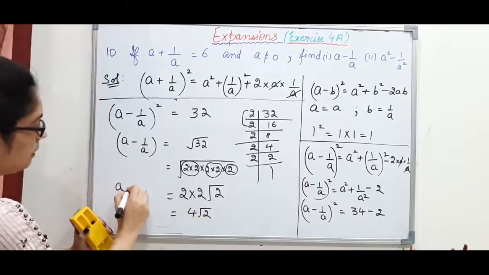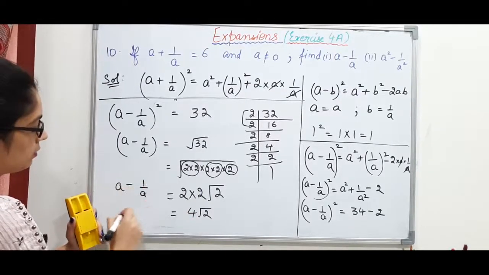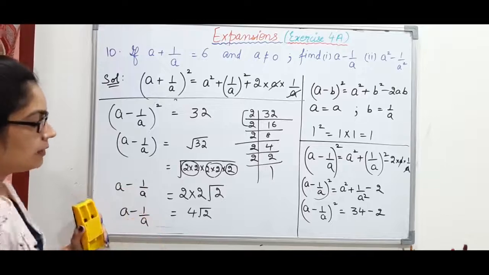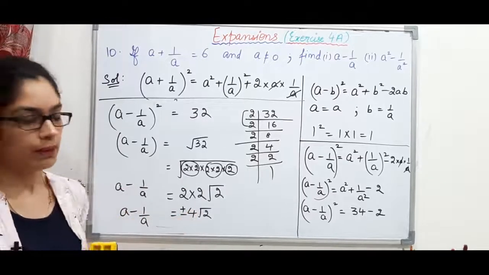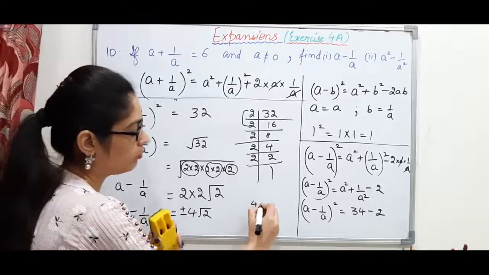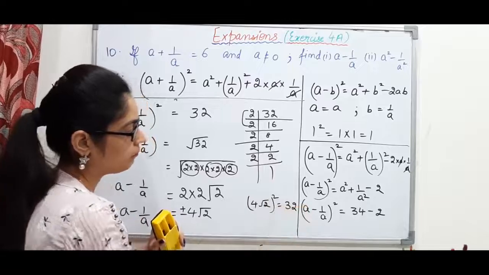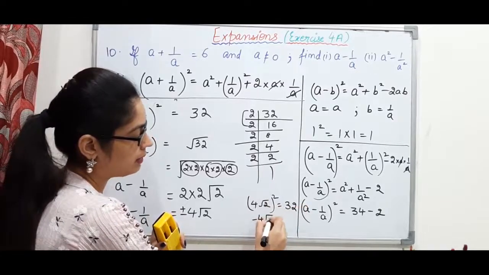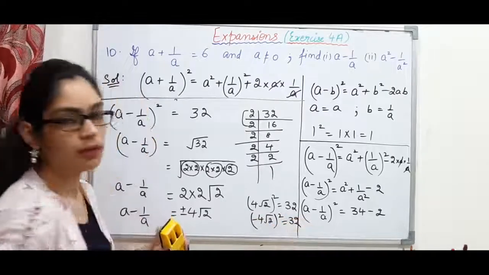So a minus 1 by a is equal to this. Here also a minus 1 by a. Since root is there, so plus minus. Why plus minus? Because the square of plus 4 root 2, if you do, will be equal to 32, and if you do the square of minus 4 root 2, again it will be equal to 32.